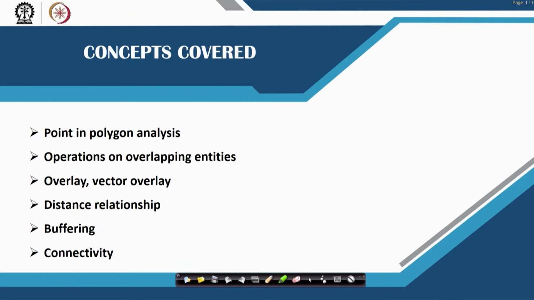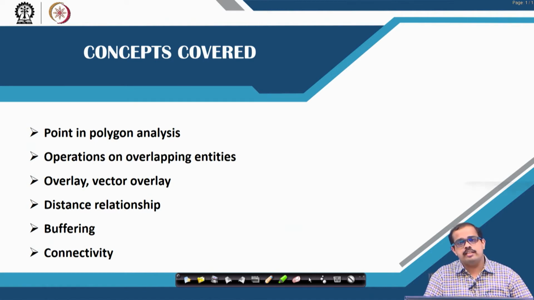I spoke about how vector on vector data is possible, about polygons and points, about polygon overlay and point in polygon overlay, and how you can utilize it for various analyses.